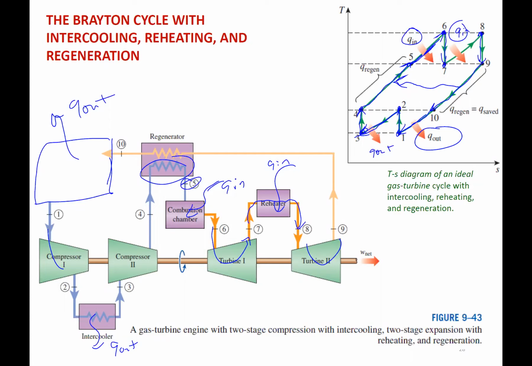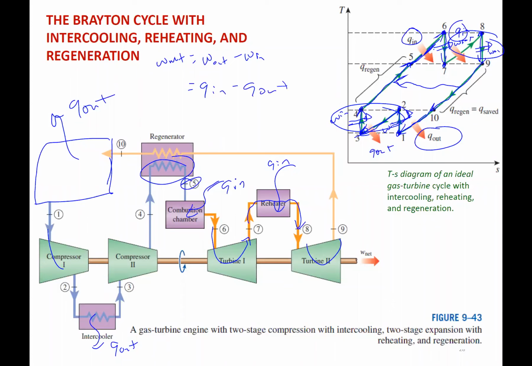So when we look at this, we have work in here, work in here, we have work out, and work out here. So net work is all the work out minus the work in, so these two minus these two, or Q in minus Q out.